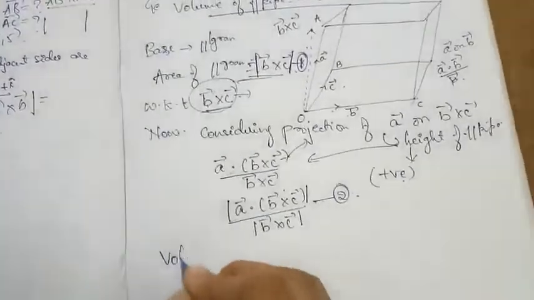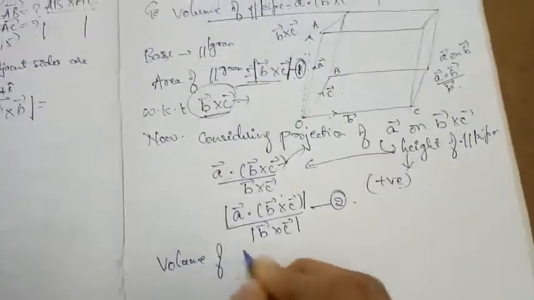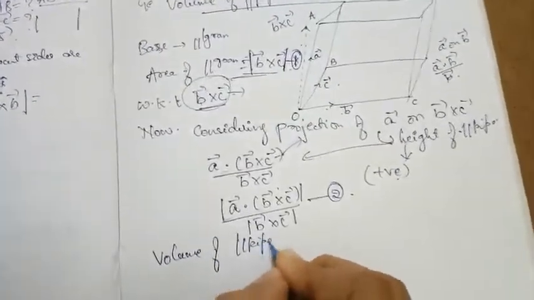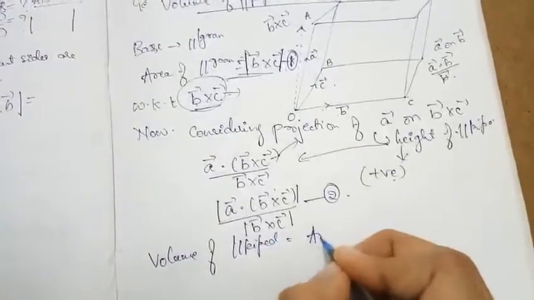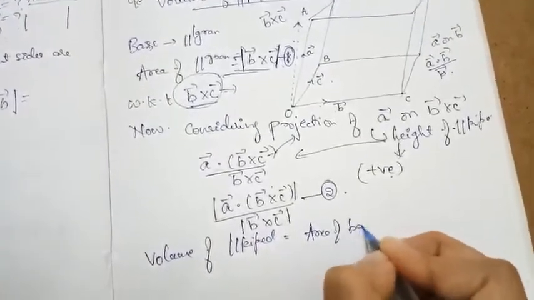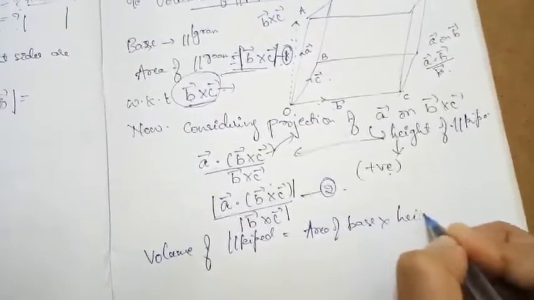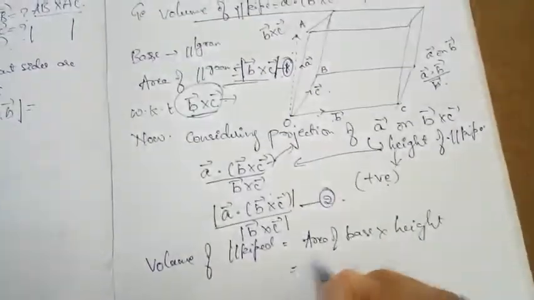So what will be the volume? The volume of the parallelopipe is equal to the area of the base into height. What is the area of the base?